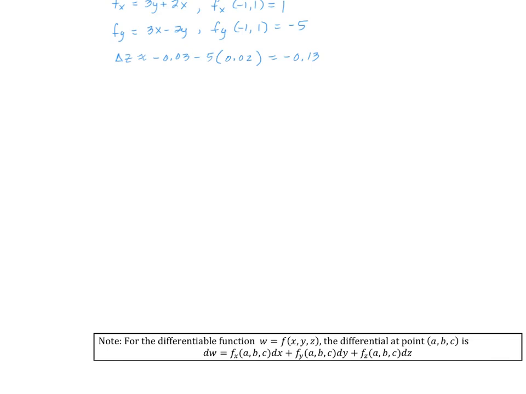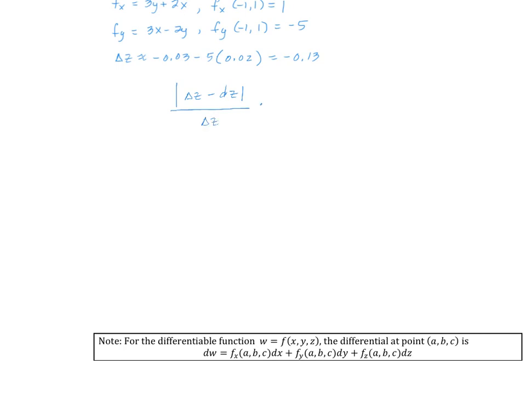So remember, when you figure out error, it's just going to be your actual minus your approximation in absolute value. So our actual is our delta z. We're going to subtract our approximation, which would be dz. But it's relative error, it's a percent error. So we divide by the actual, which is our delta z.